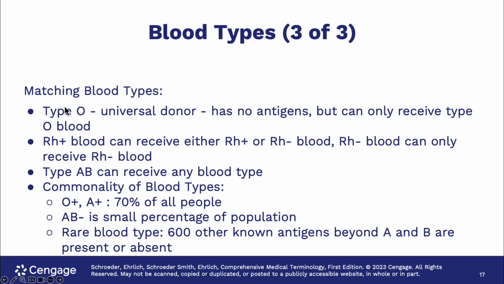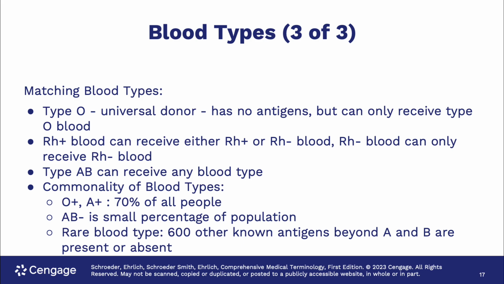What that means then is, to be a universal donor, you have to be type O and Rh negative. So O negative blood is the most widely sought type of blood because it is a universal donor. If you're an AB, you can actually receive any blood type.